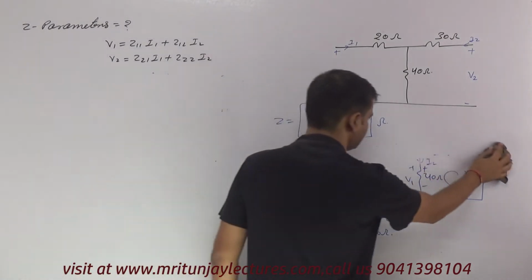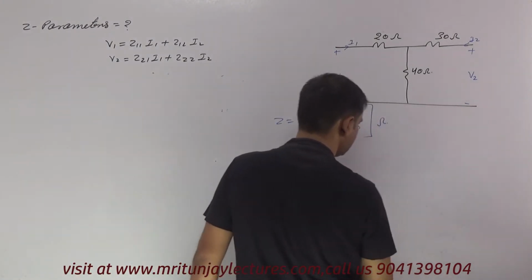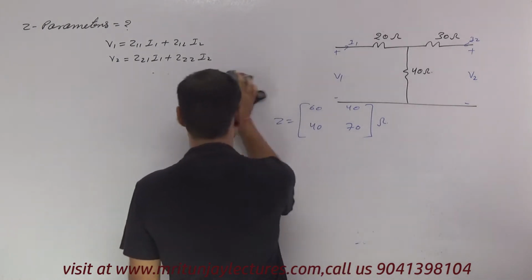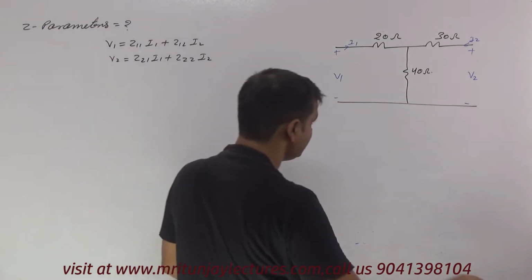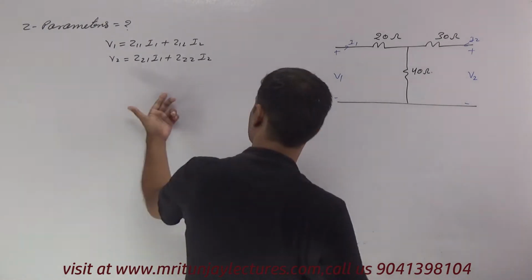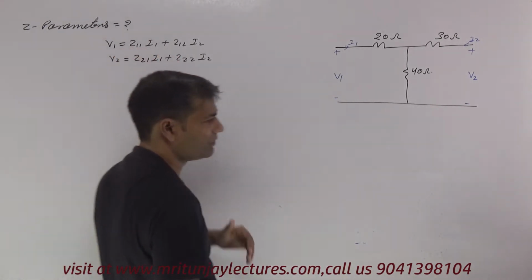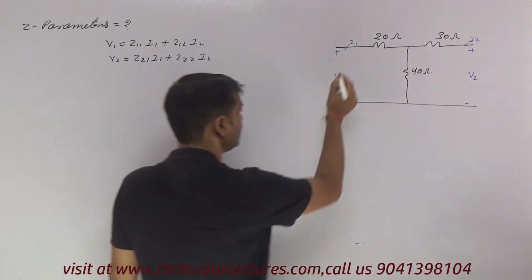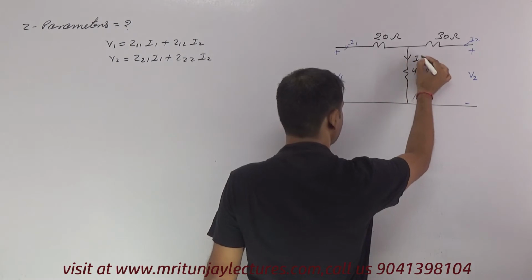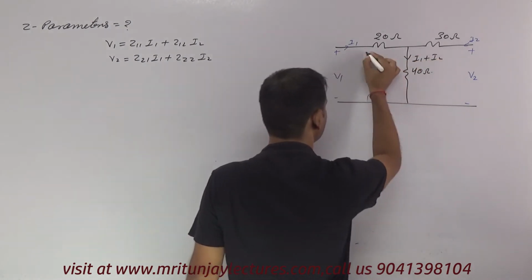What is the other method? Very simple. Our motto is that this circuit is converted like this one, and then we compare and get the answer. Here I1, here I2, so the current is I1 plus I2, very simple.